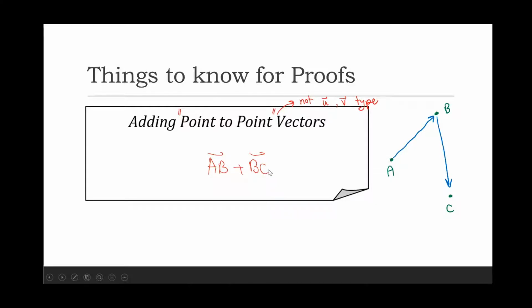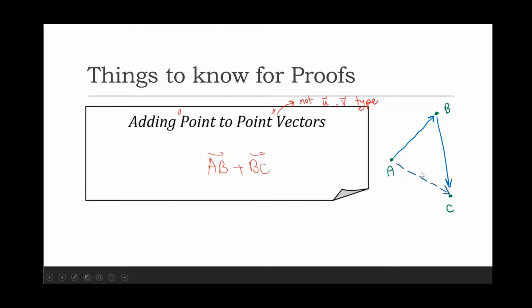Okay, so let's say you're having a proof and you had these two things side by side added. What can you do with that? Well, if you look at the diagram, vector addition will tell you that if you started at point A, went to B, then to C, your start and ending is the key thing that you want to remember with vectors.